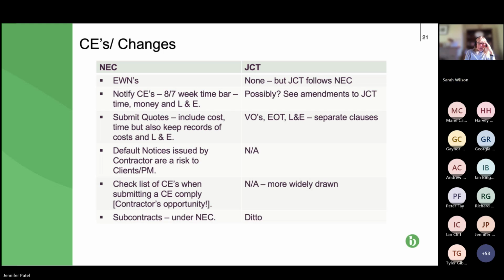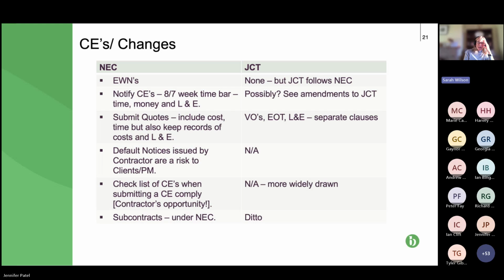In contrast, JCT has timescales for notifying these claims, but it's a bit softer. They actually say that notices have got to be issued forthwith on discovery of a change, an extension of time, a loss and expense item.